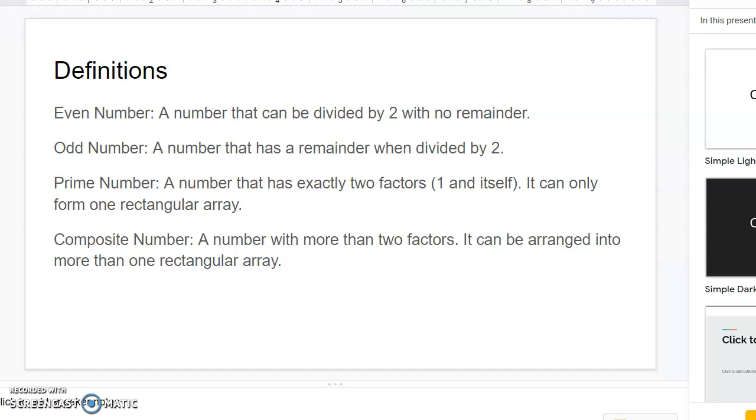I can multiply 2 times 4 to get to 8. 24 is a composite number. I can multiply 1 times 24. I can multiply 2 times 12. I can multiply 4 times 6. And I can multiply 3 times 8. Those are all factors. There are multiple ways to get to that number.